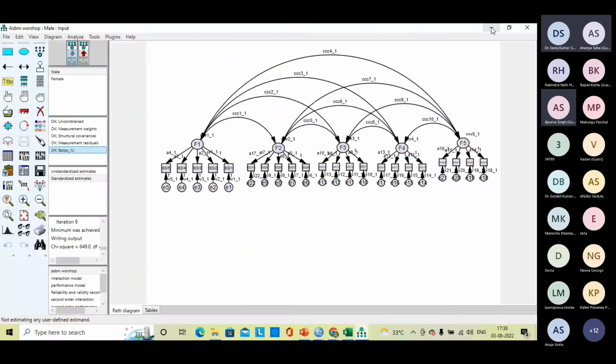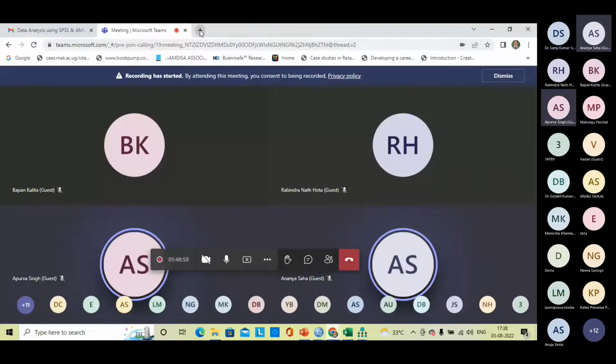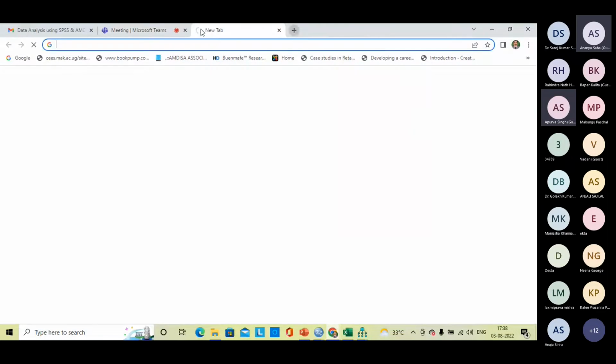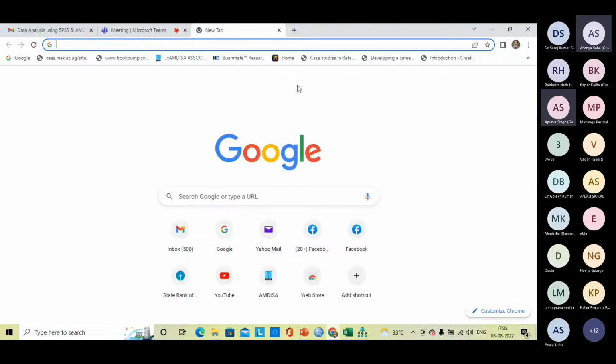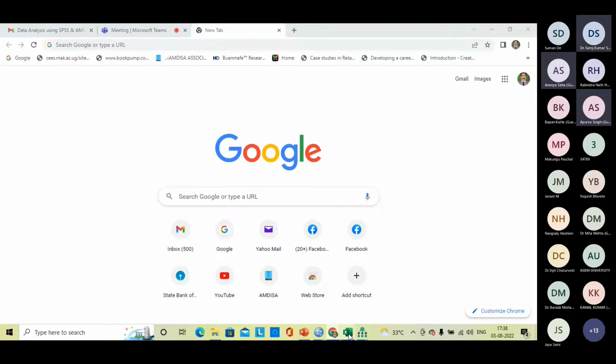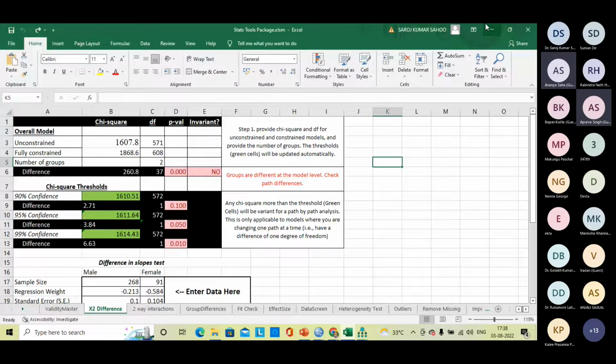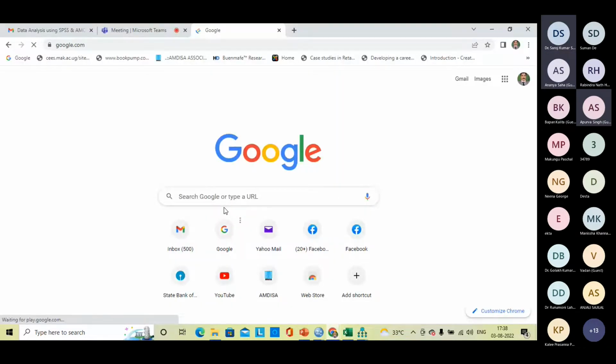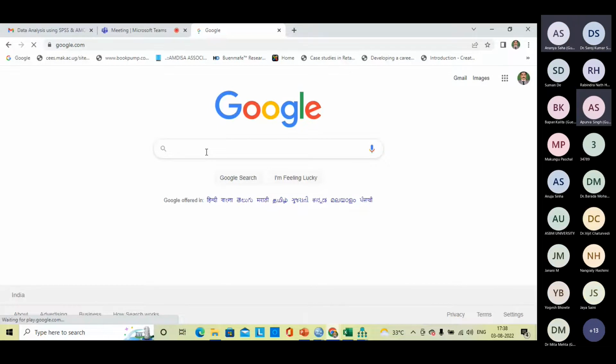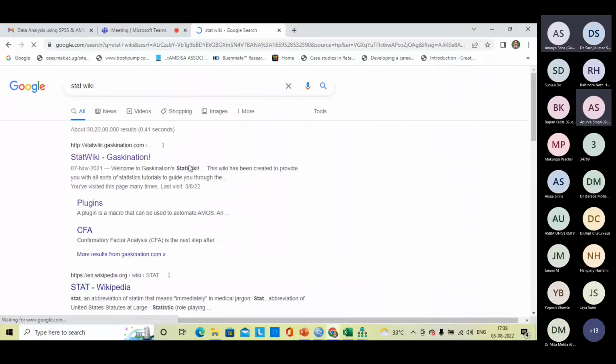Okay, so all of you have downloaded the start week Excel file. If not, download again. Go to the start week, Google it, and search start week gaskination.